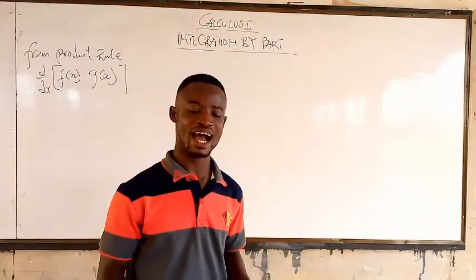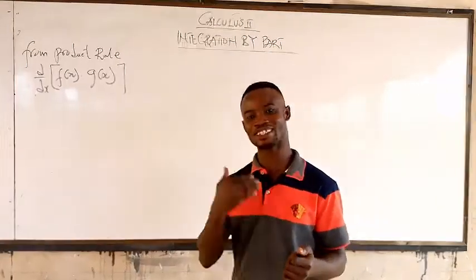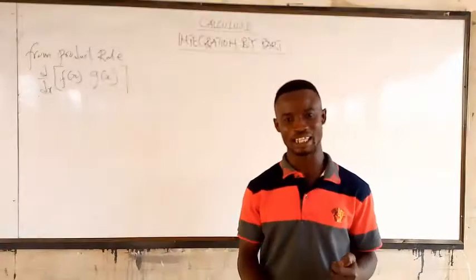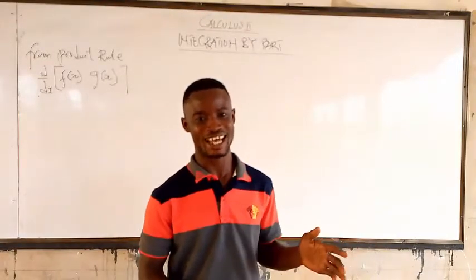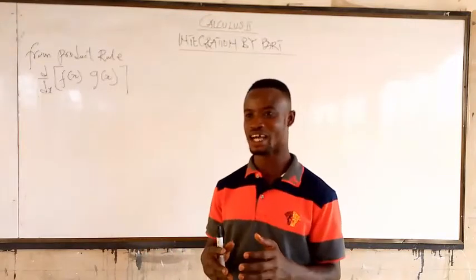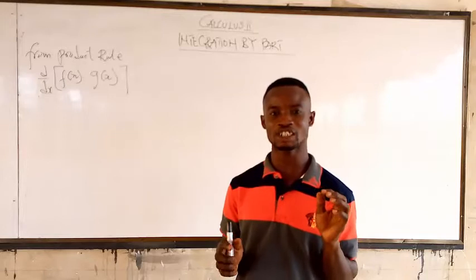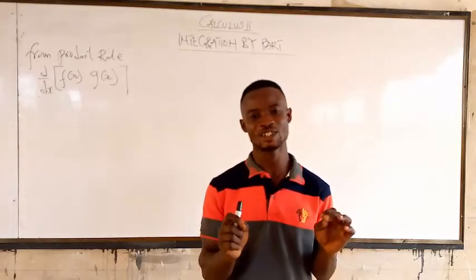Integration by parts. When we say integration by parts, what do we mean? You can recall from your calculus 1 that we deal with a case where two functions are being multiplied, let's say f of s and g of s.